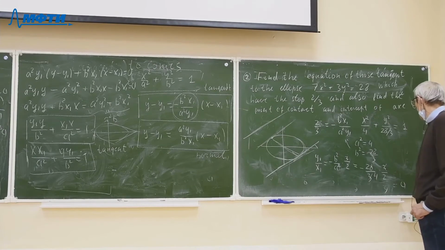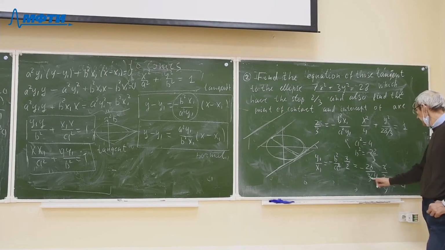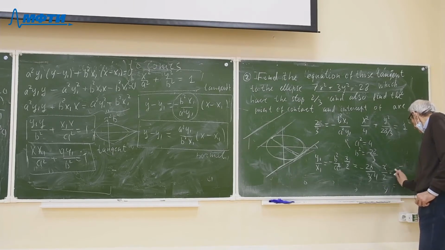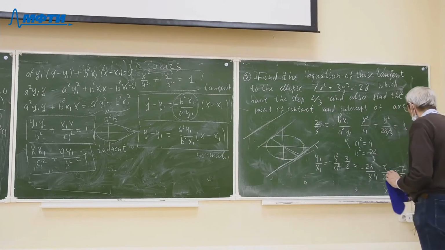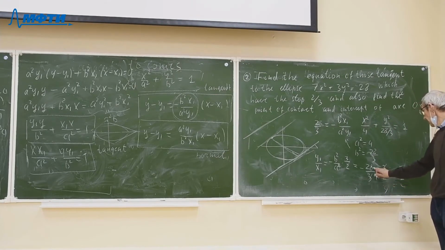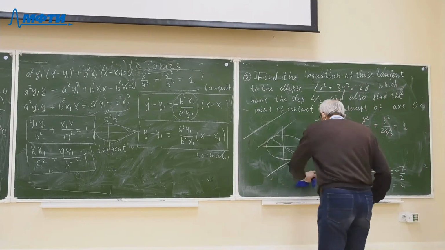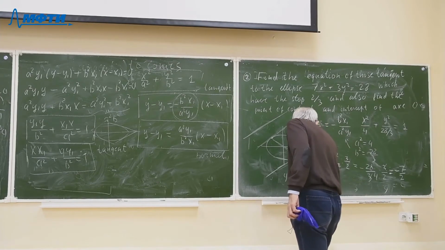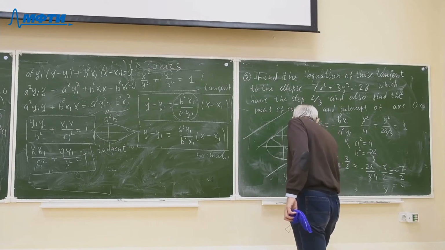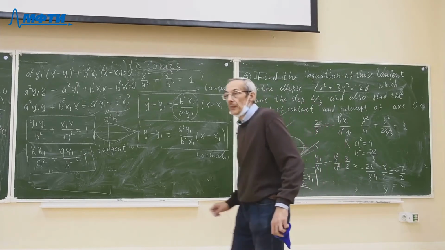We can cancel 3 and we obtain that the ratio is equal to minus 7 divided by 2. Let's check. 14 divided by 4, 7 divided by 2, minus 7 over 2. And we obtain that y1 is equal to minus 7 divided by 2 times x1.